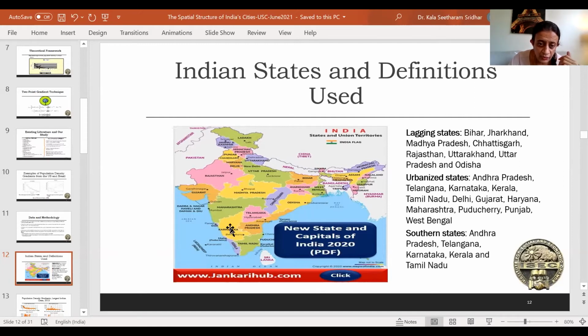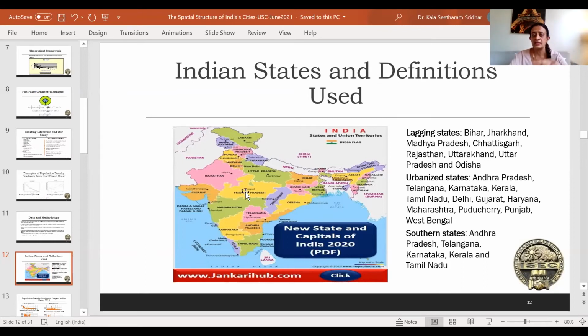So these 4 states, actually 5 states, are defined as the southern states in this study. And the urbanized states are Gujarat, Maharashtra, along with all the southern states, plus West Bengal. They are defined as the urbanized states. And the lagging states are Bihar, Jharkhand, Uttar Pradesh, Rajasthan, and Madhya Pradesh, along with Chhattisgarh and Odisha.